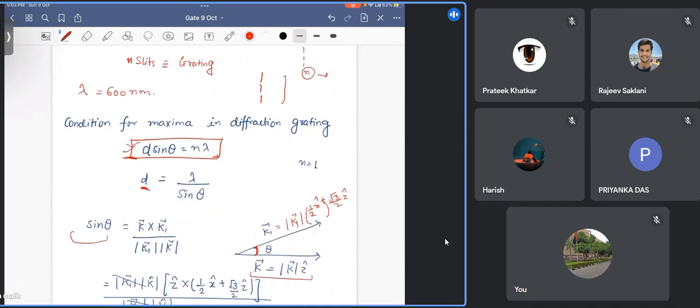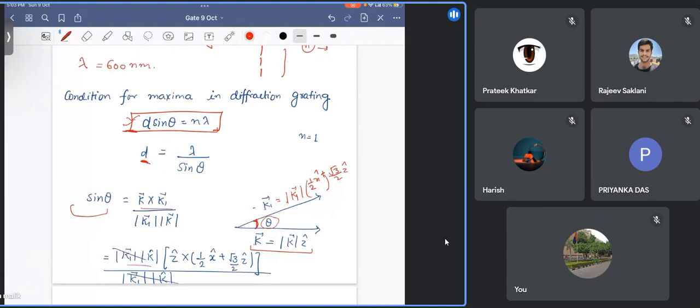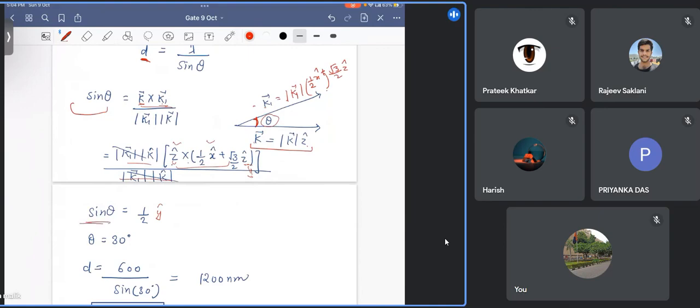Once you know the two vectors K and K1, you can calculate sine of theta by taking their cross product and dividing by their magnitudes. The magnitudes of K1 and K cancel out, and K is in the Z cap direction. The Z cap term crossed with the 1 by 2 X cap term gives 1 by 2 in the Y cap, and the other term gives 0. So theta becomes sine inverse of half.